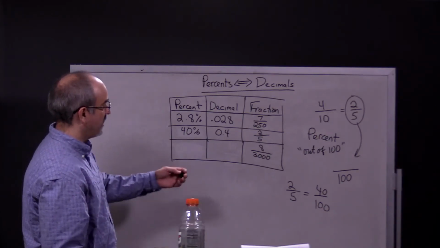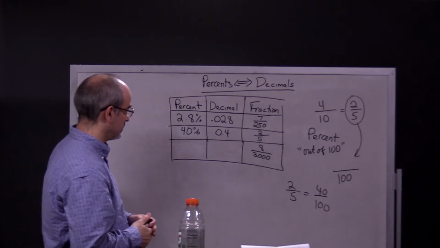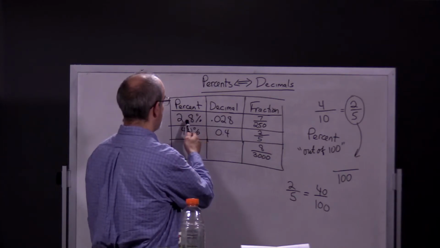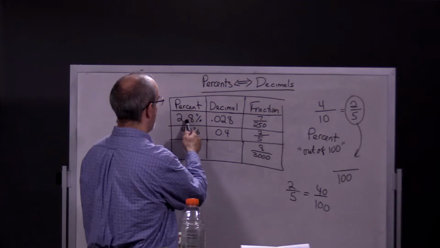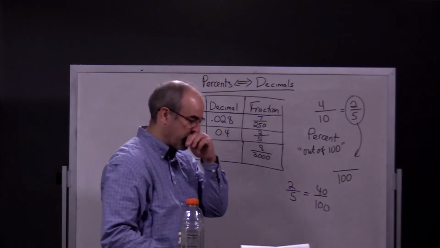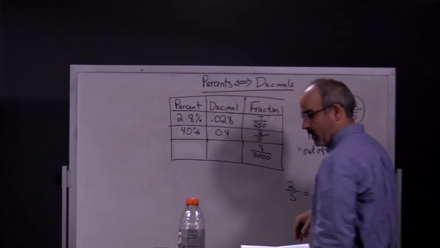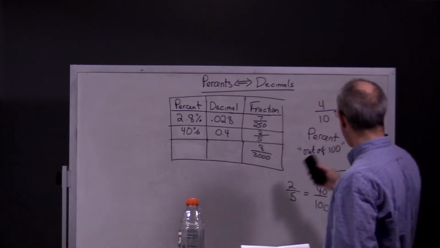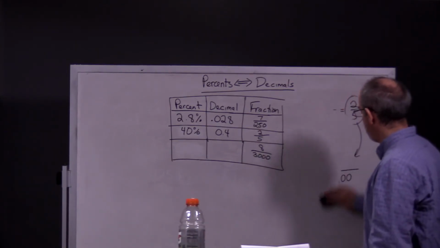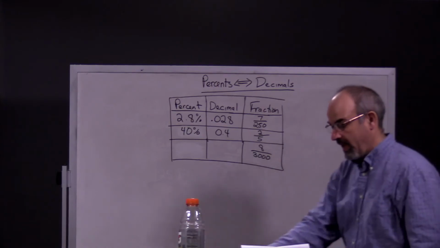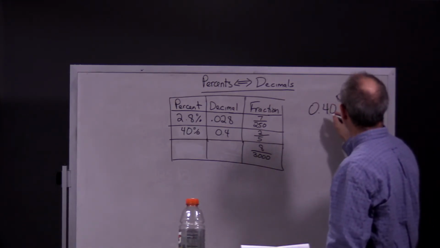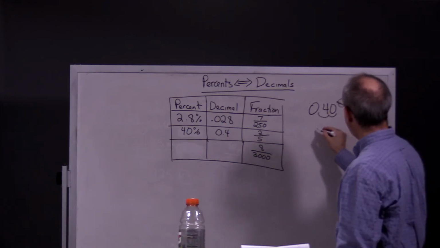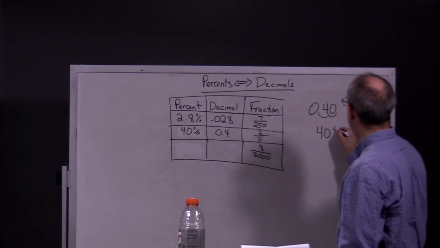Okay. The other way to do it, remember how we did this? To change it from percent to decimal, we got rid of the percent sign, then moved the decimal 2 places to the left. Well, here, when you're going the other way, when you already have the decimal, you move the decimal 2 places to the right, and then add a percent sign.